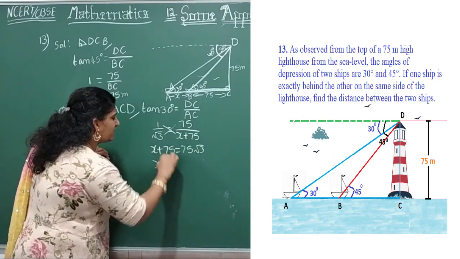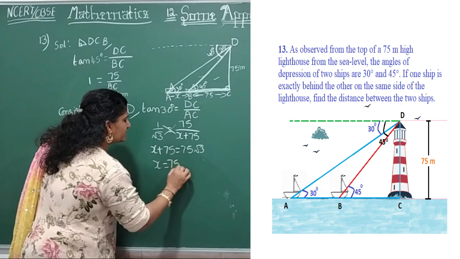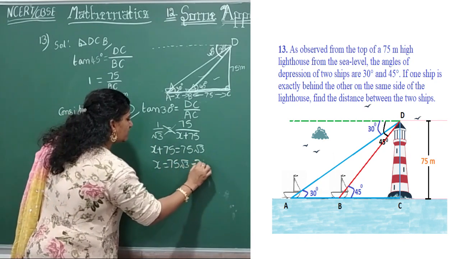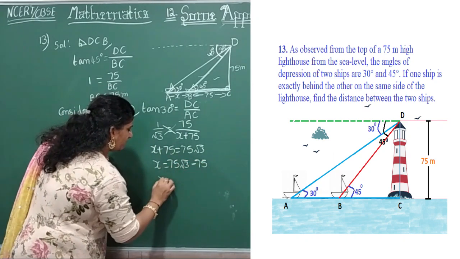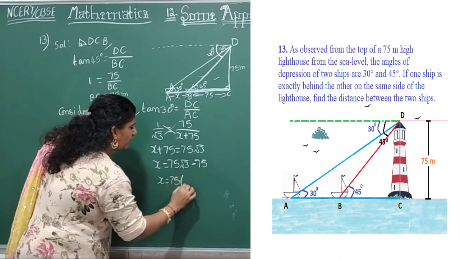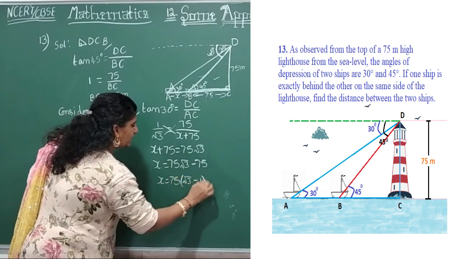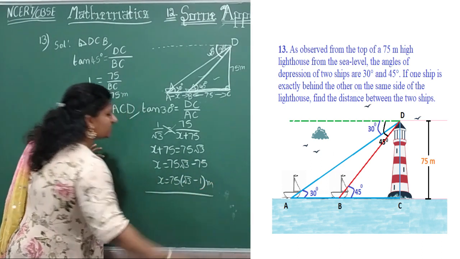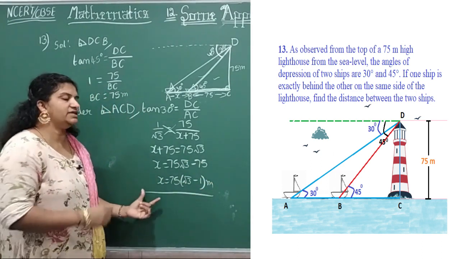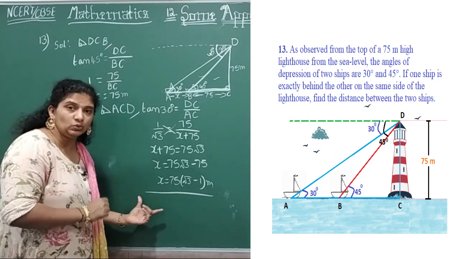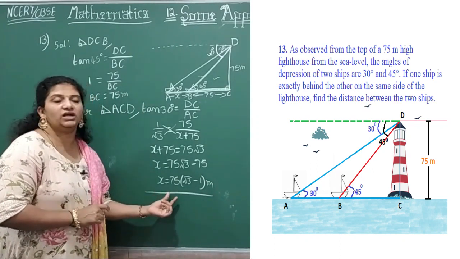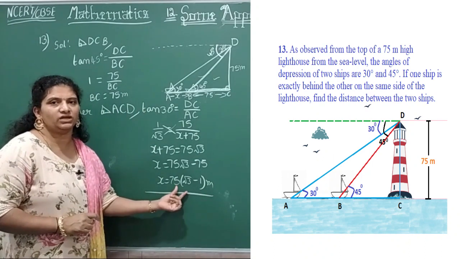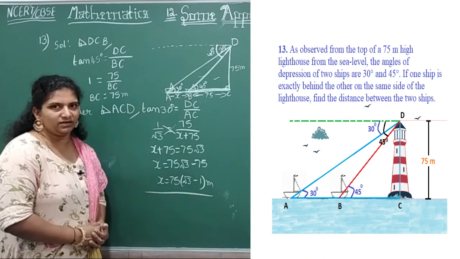Send this plus 75 to the other side. x is equal to 75 root 3 minus 75, and take 75 common: root 3 minus 1. Therefore, what is this, children? Therefore, the distance between the two ships is equal to 75 into root 3 minus 1 meters.